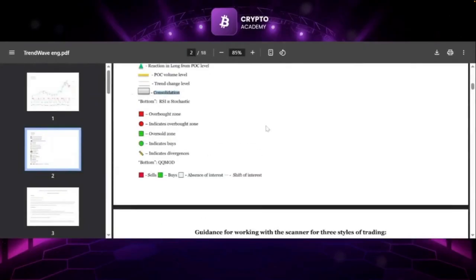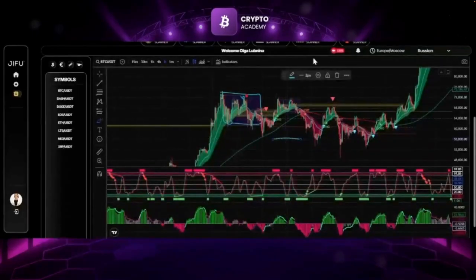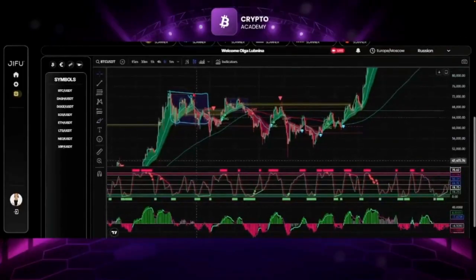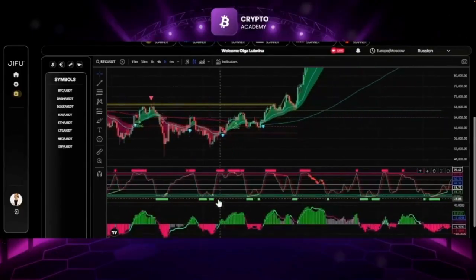Next are the indicators below. Stochastic, which indicates overbought and oversold zones, as well as crossovers and buyers and sellers.